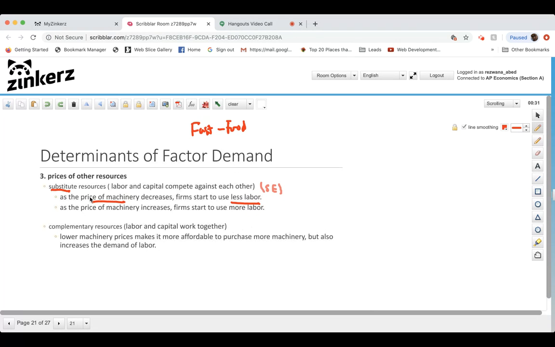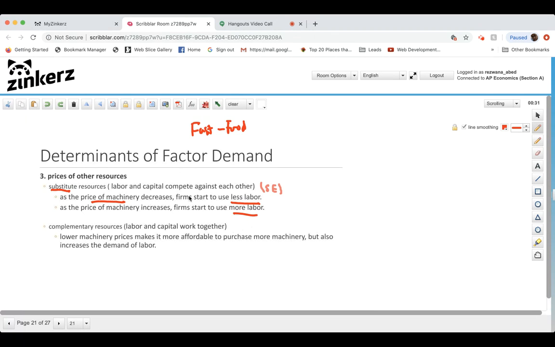So if the price of the machine went down, you're automatically going to decrease your demand for labor, start buying more machines, and increase your demand for machines, and vice versa, right? If the price of machines were to increase, because the worker is a substitute for the machine, you're going to start to use more labor.